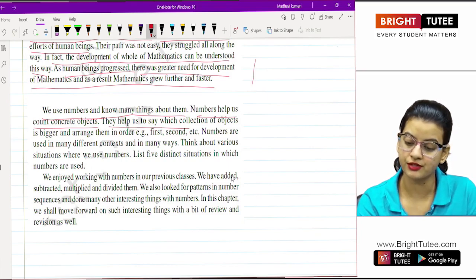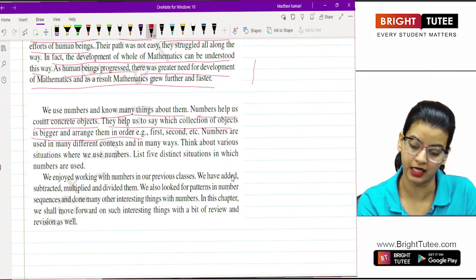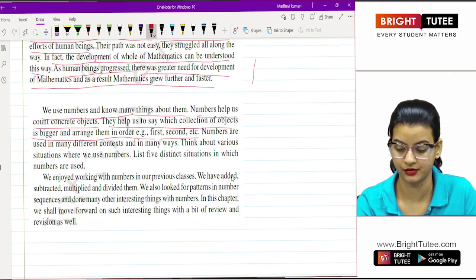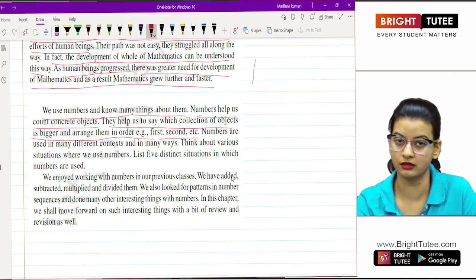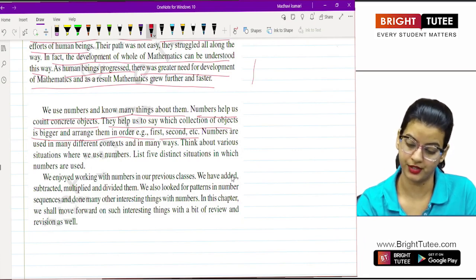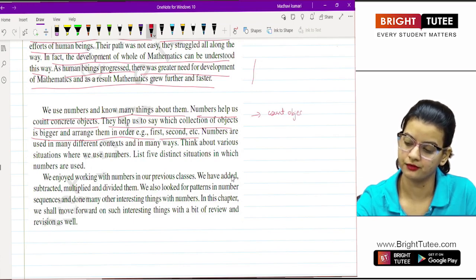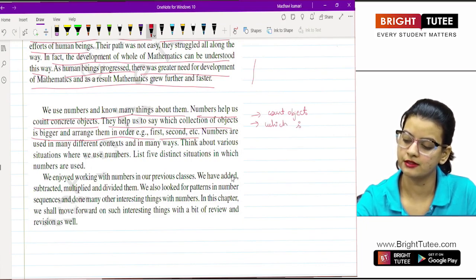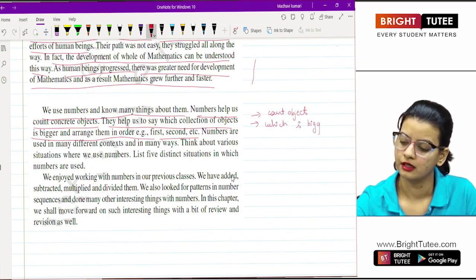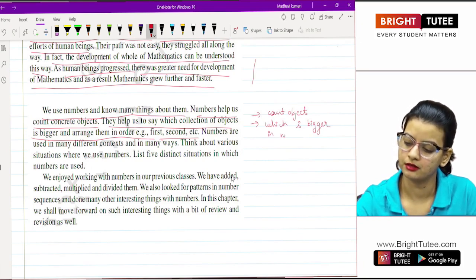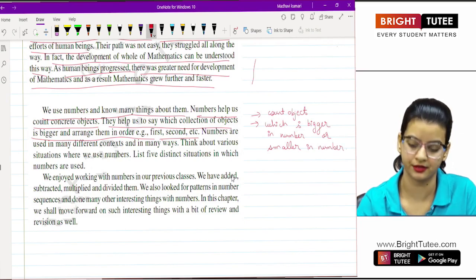They help us to say which collection of objects is bigger and to arrange them in order, that is first, second, etc. So we can count objects, and we can say which is bigger in number or smaller in number.